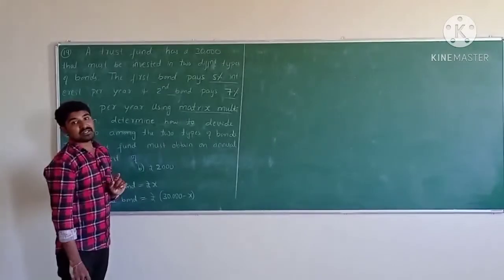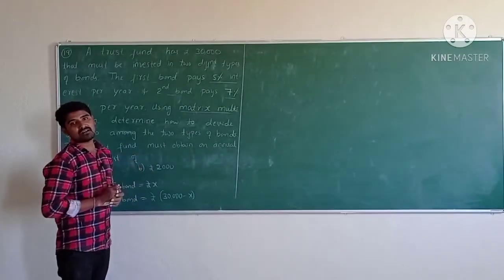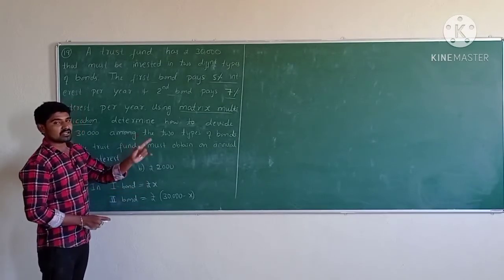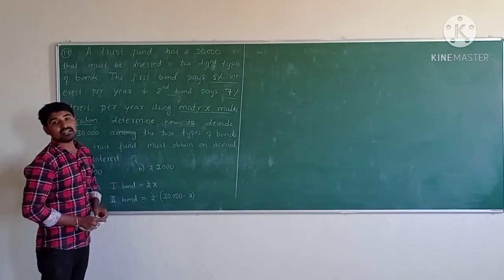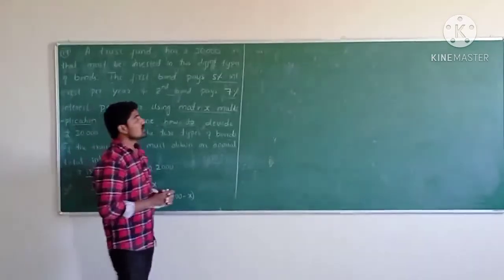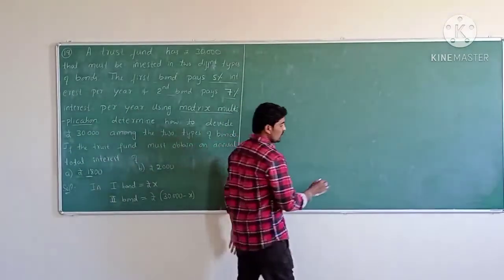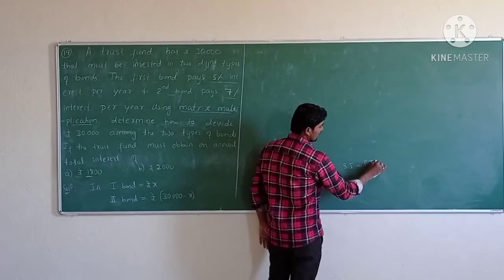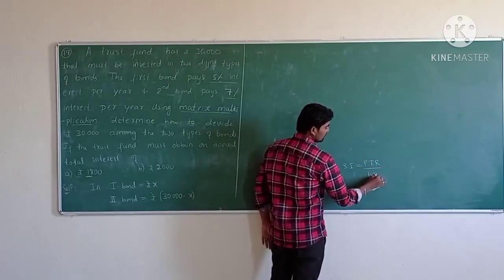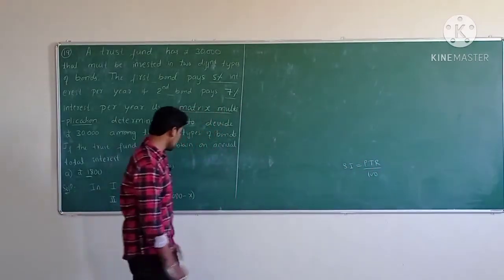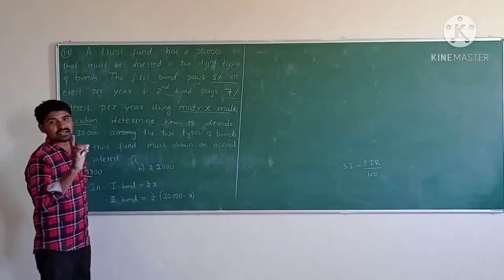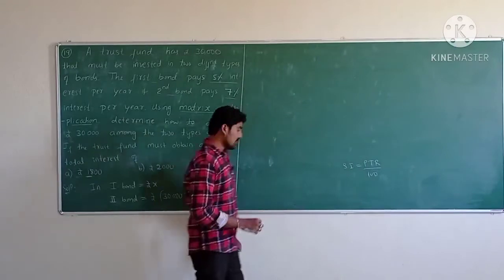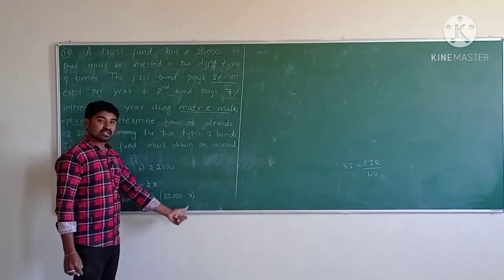In matrix multiplication, it is rows versus columns. So we express one kind of data in a row matrix and the other kind of data in a column matrix. Also we know that the formula for simple interest is PTR divided by 100. Here the value of T is annual interest, meaning 1 year. Next, the principal values are x rupees and 30,000 minus x rupees.